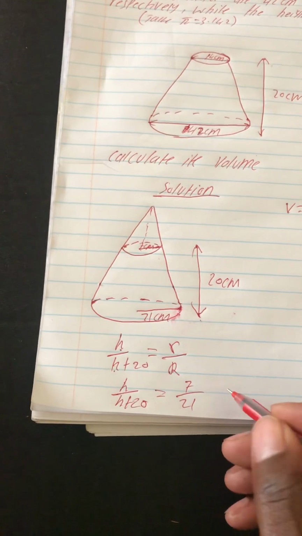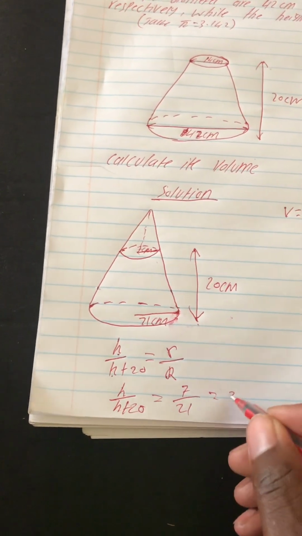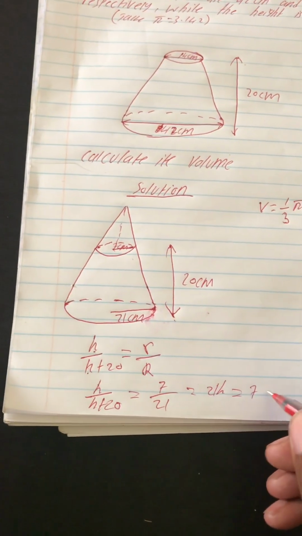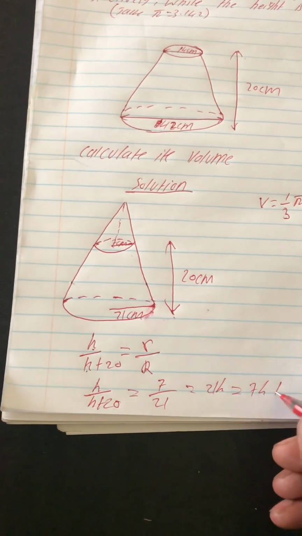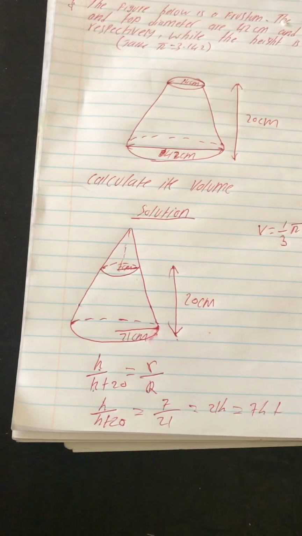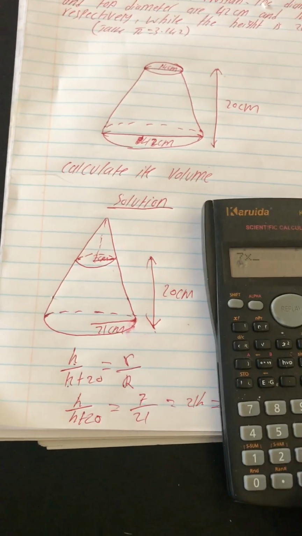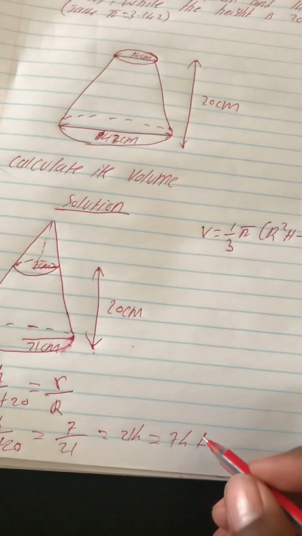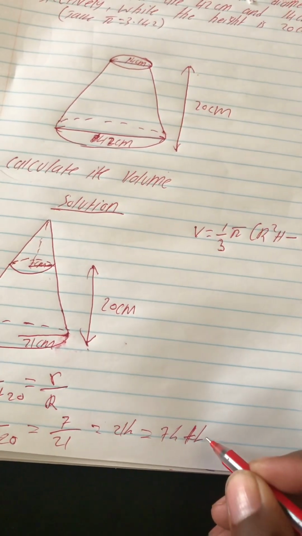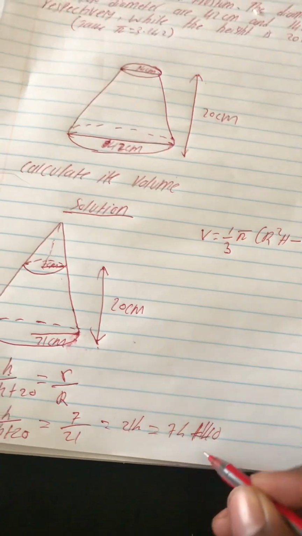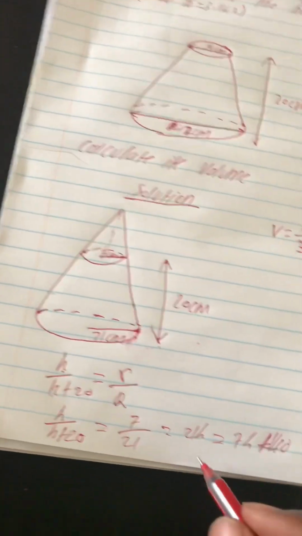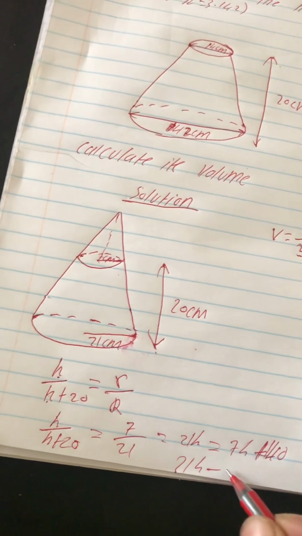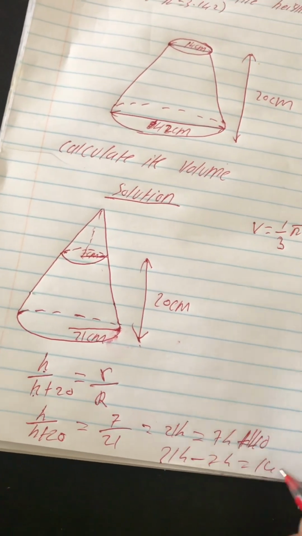We are going to have 21h equals 7h plus 7 times 20. 7 times 20 is 140. So we write 21h minus 7h equals 140.